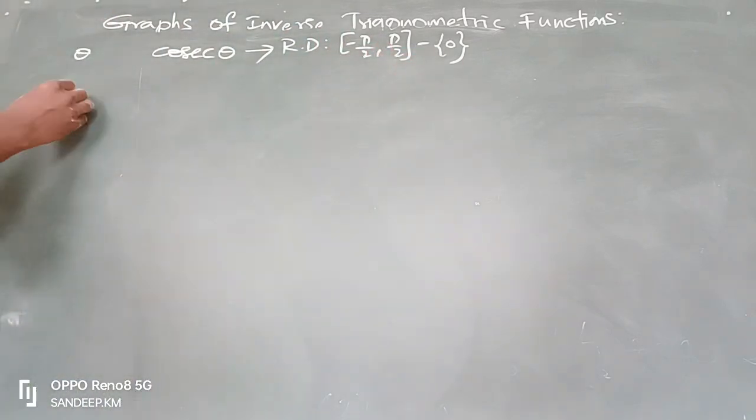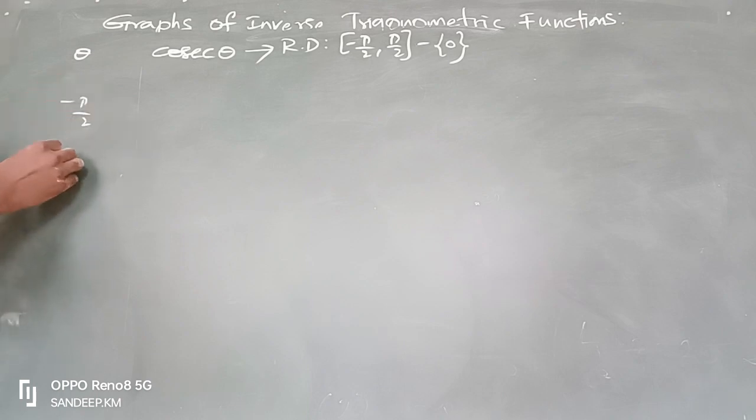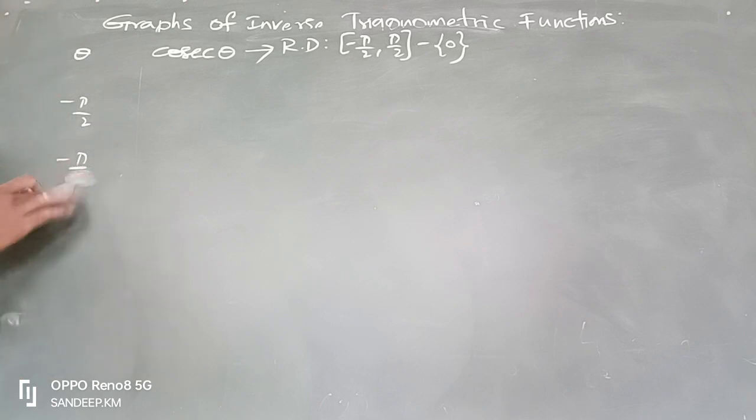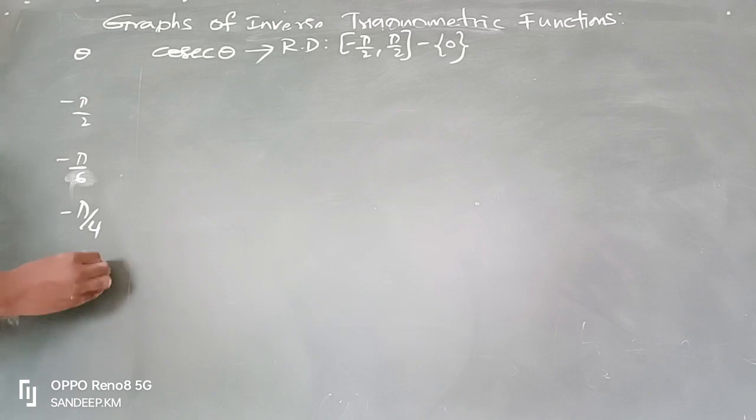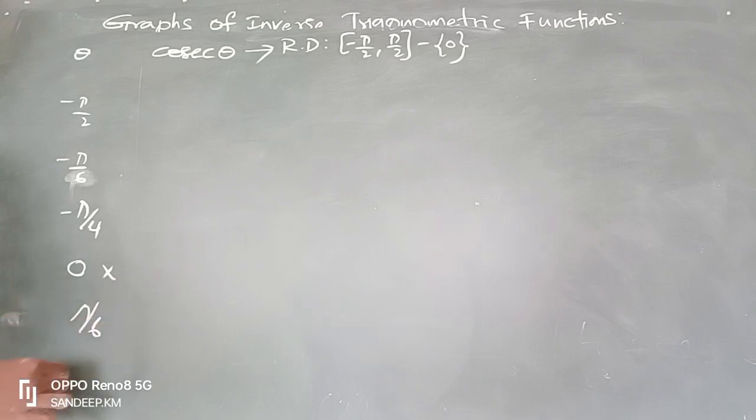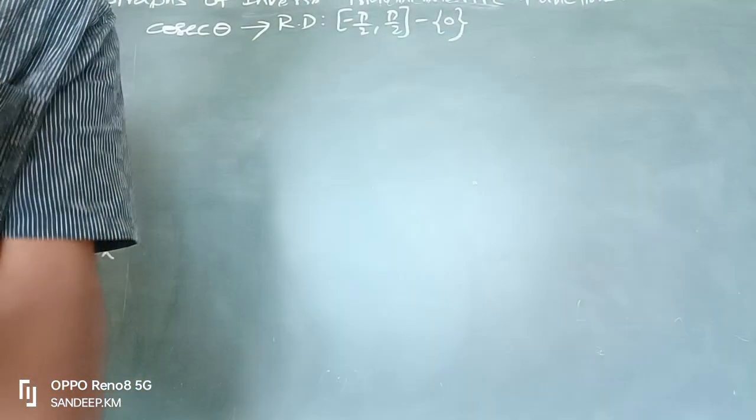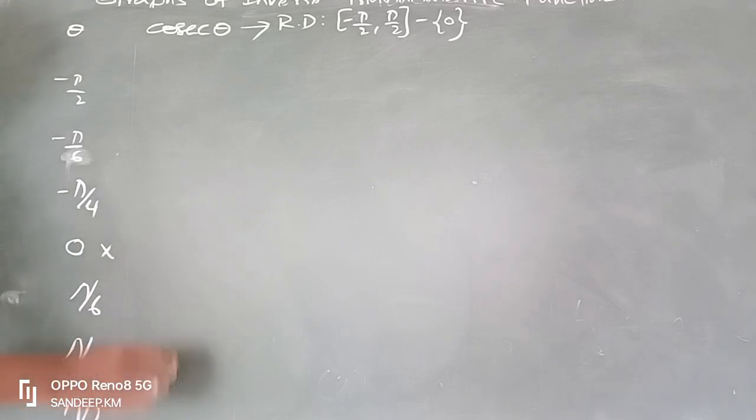Cosec 30 degrees is 2, a rational number, so I will take minus 30 and also plus 30. So minus pi by 2, minus pi by 6, minus pi by 4, next 0 should not be taken, please observe this, and then pi by 6, pi by 4 and finally pi by 2.